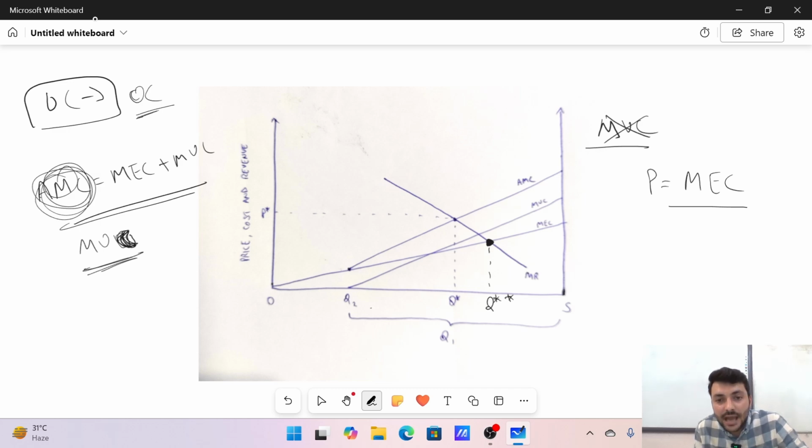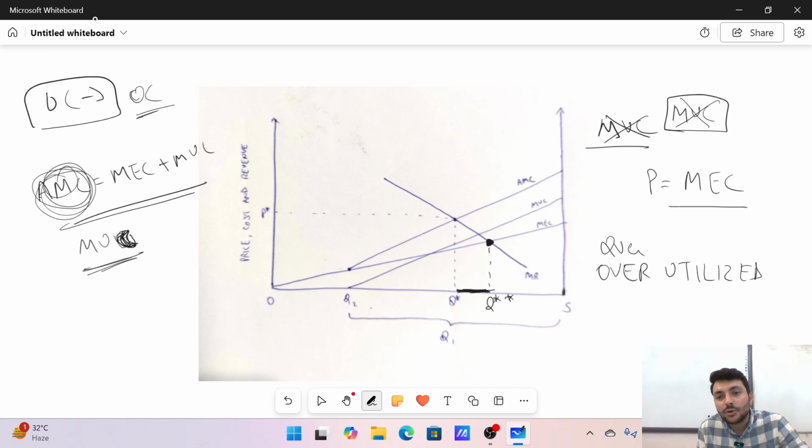And you would see that this Q double star is more than the optimal level which we get when we consider the user cost as well. So when we are not considering the user cost, then the resource is overutilized, or over depleted by the level Q star to Q double star.